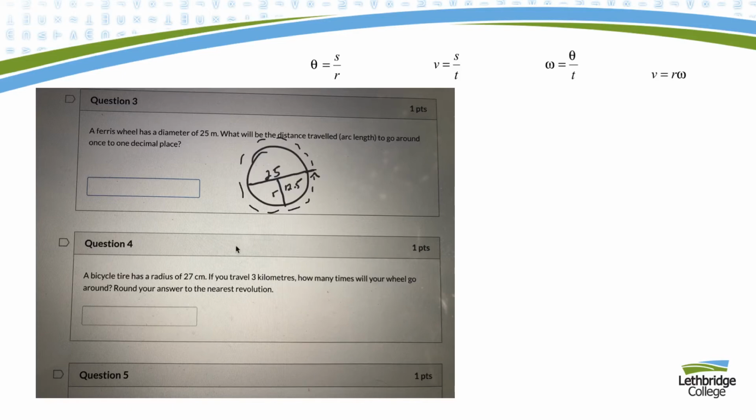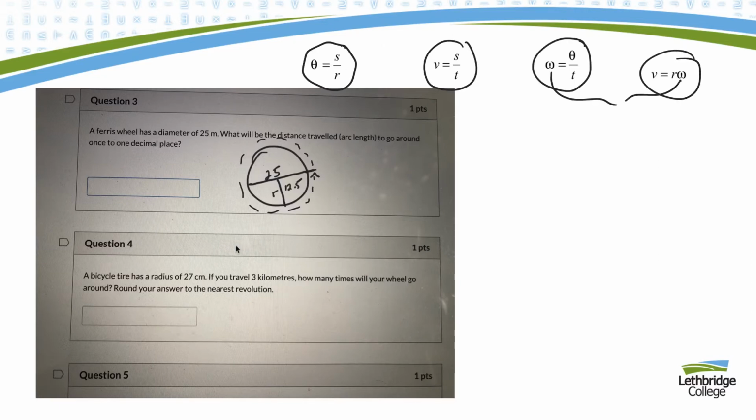Well, here I've got some formulas that can help us figure that out. The one with the W formula, those are for angular velocity, and those are things like how long it takes you to go around once.